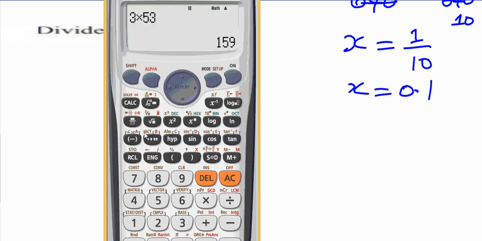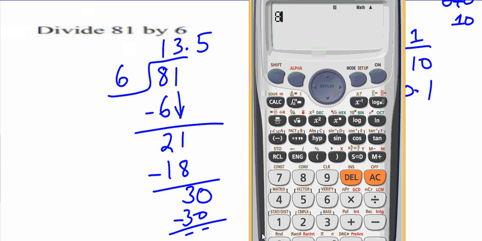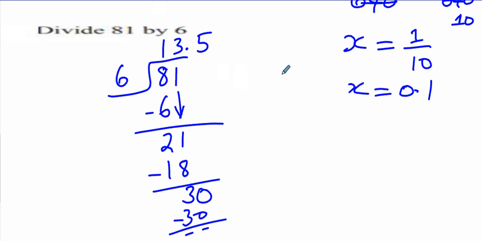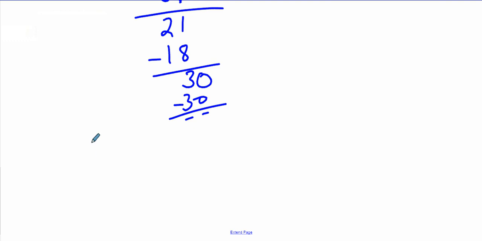Or you can use a calculator and do 81 divided by 6. See that? 13.5. So here you write in conclusion that 81 divided by 6, the answer is 13.5.